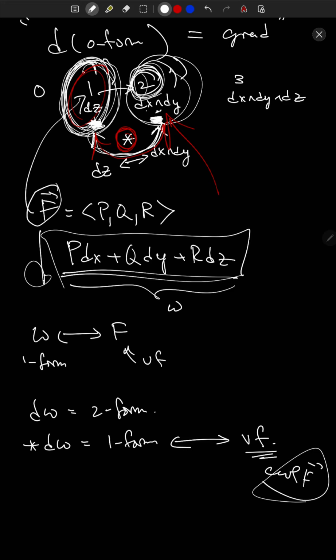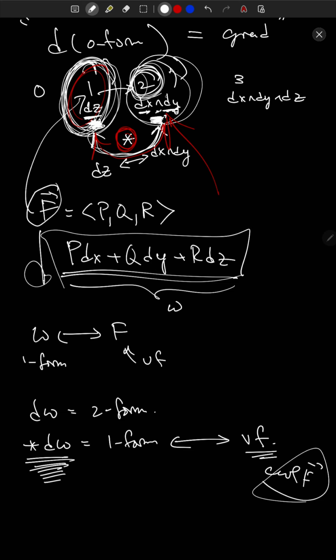But in reality, star of d omega is the right way to think of it. Now notice this only works in 3 dimensions, because the way we described this correspondence was, there's only one guy missing from dx wedge dy, and that's dz. So whatever your coefficient of dx wedge dy is, that goes with dz.